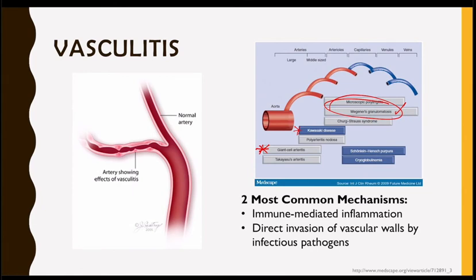The second most common cause of vasculitis is an infection. So the vascular wall gets invaded by an infectious pathogen. But either way, whether it's your own body attacking the blood vessels or an infection, it causes an inflammation.